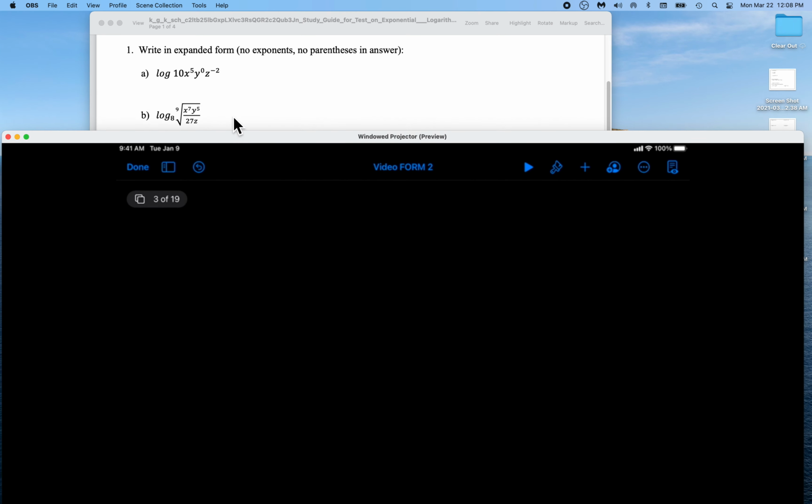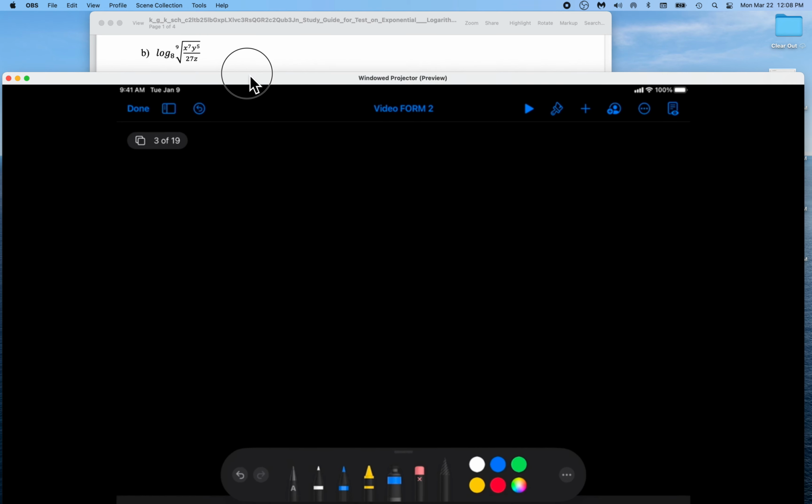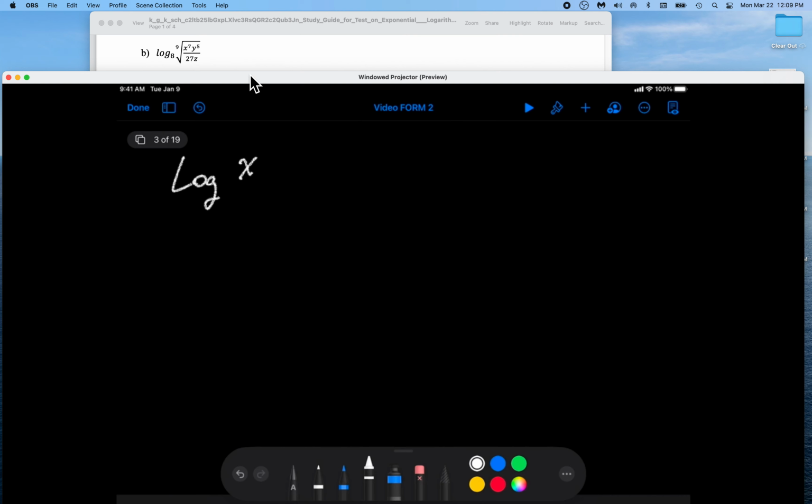Next one. Okay, whenever you see radical signs, just go right ahead and replace it with a fractional exponent. So I'm going to go ahead and do that right away. Don't forget your base. Next thing I'm going to do is apply the power rule.